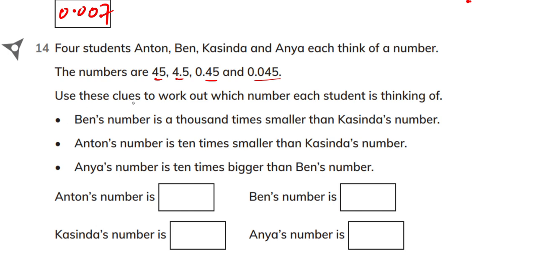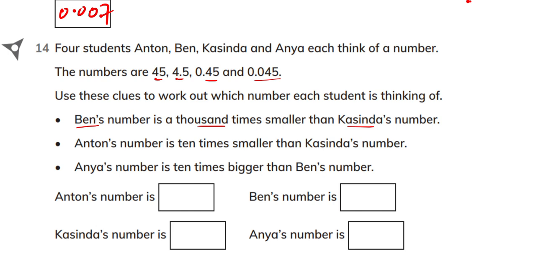Here we have the clues for each of them. Read the clues carefully so you can know who has which number. For example, Ben's number is 1000 times smaller than Cashinda's number.